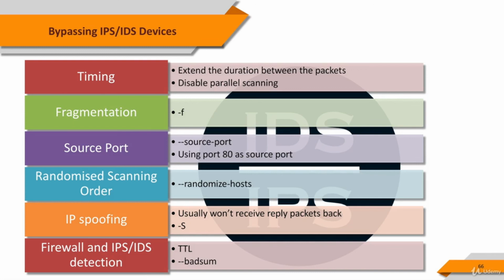So find incoming packets which give two different results and analyze their TTL values. The bad sum option asks Nmap to use an invalid TCP or UDP checksum for packets sent to target hosts. Since virtually all host IP stacks properly drop these packets, any responses received are likely coming from a firewall or IDS that didn't bother to verify the checksum.